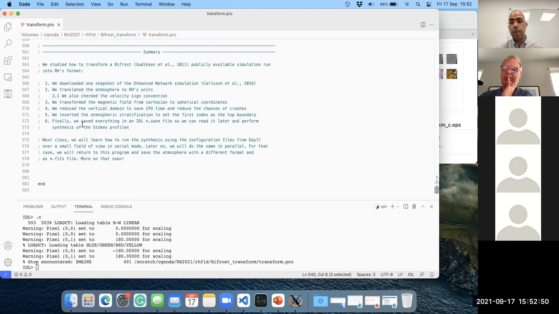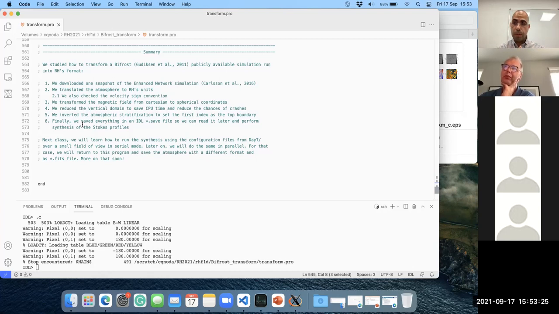So missing some pixels because the code crashed is something you avoid by cutting the top boundary of the simulation. Then, as I said, RH needs the first index to be the top boundary, so we inverted the atmospheric parameters. With that, we had everything ready for running RH, and I saved it in an IDL file. You can probably do the same with Python.